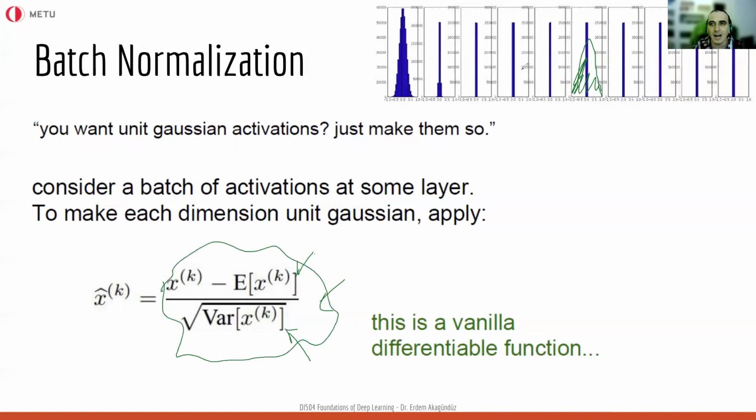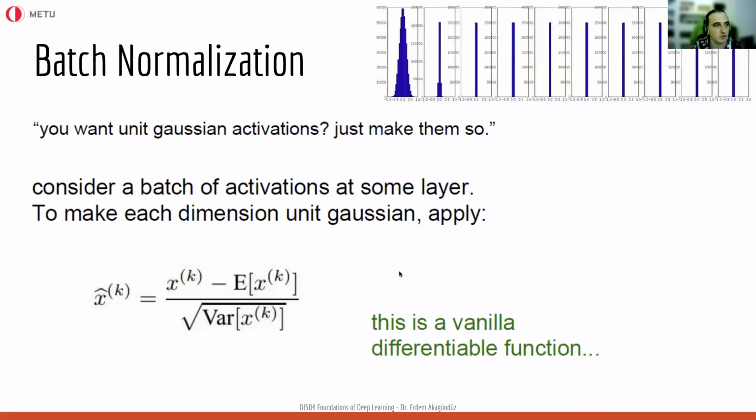What I do is I only change the shape of the activations. And actually changing the shape of the activations helps the gradient descent and backpropagation, so the learning procedure, a lot. That's why I do it. It's as simple as that. I have activations. I am shaping the activations with these values.